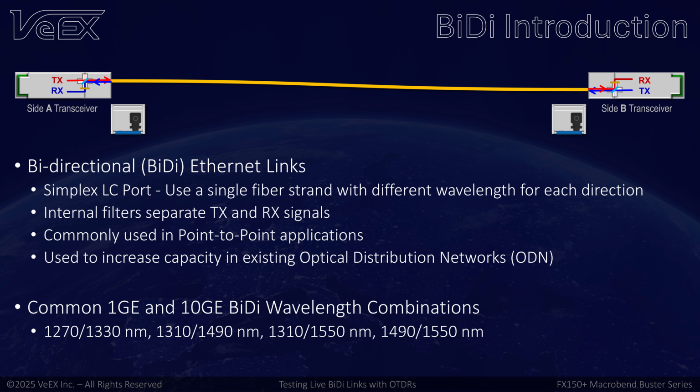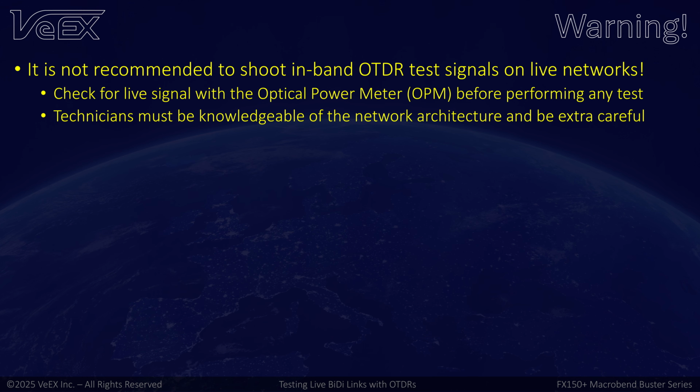These bidirectional transceivers work in mated pairs, using combinations of common wavelengths, such as 1270, 1310, 1330, 1490, and 1550 nanometers. Note that regular OTDRs also come with 1310 and 1550 nanometer lasers. Unless considered in your company's installation and maintenance procedures, regular OTDRs shall not be used to test live fiber links carrying active signals.